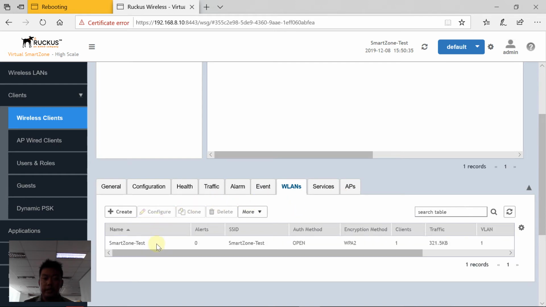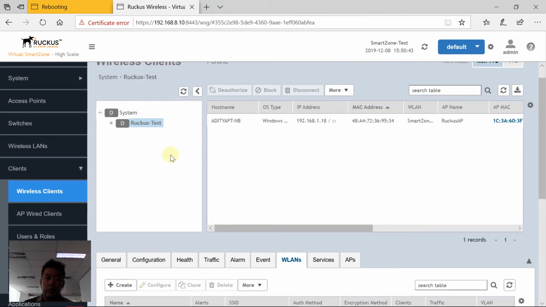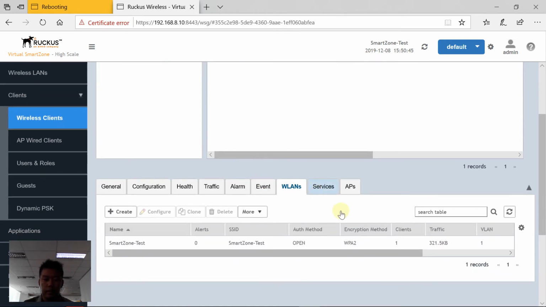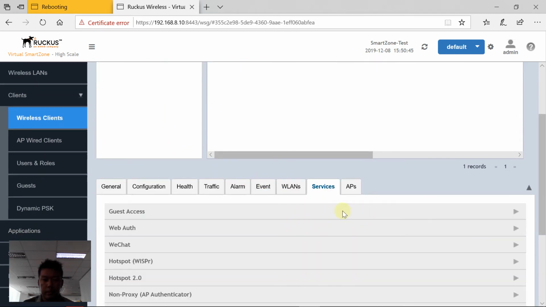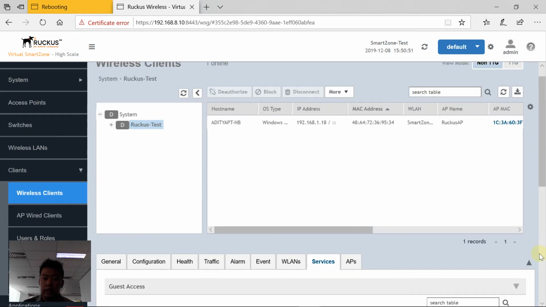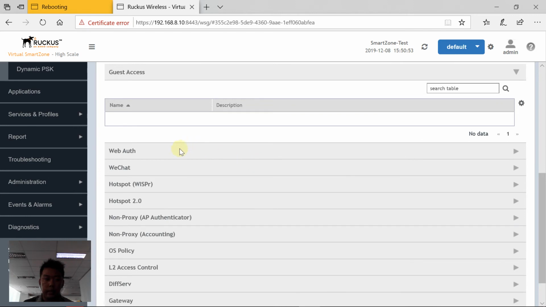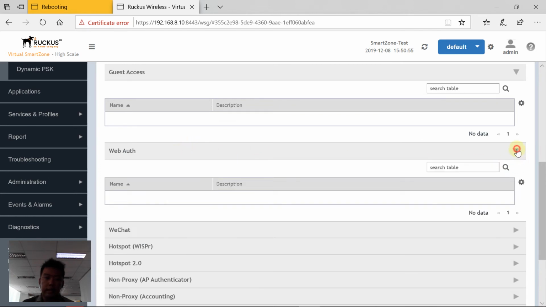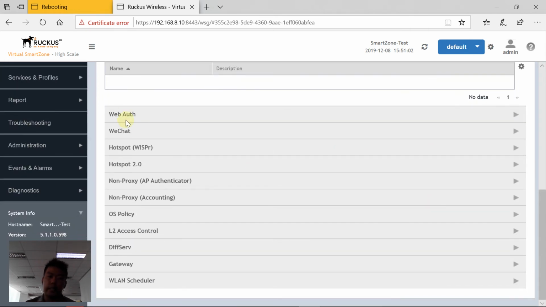And this is the list of the wireless LAN in a particular group. And these are the services of the wireless LAN. I still disable the web authentication, WeChat authentication, hotspot, and OS policy.